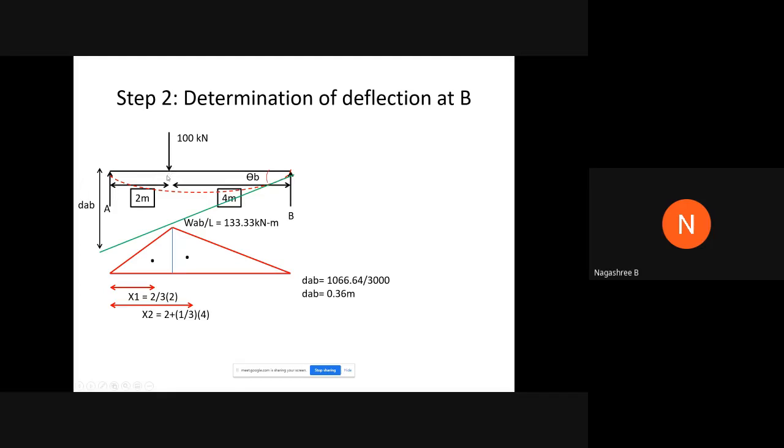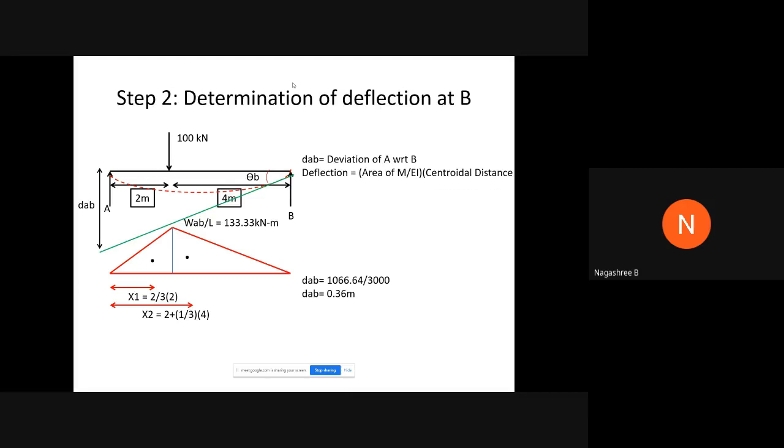Now we are supposed to calculate the deflection at point B. As I said, DAB is called the deviation of A with reference to B. Using the second theorem of moment area, we can calculate the deflection as area multiplied by the centroidal distance.